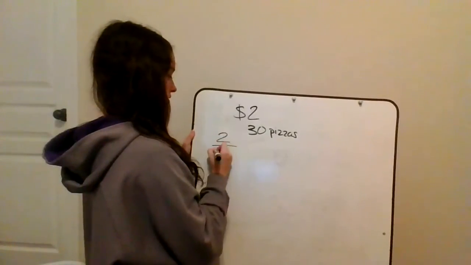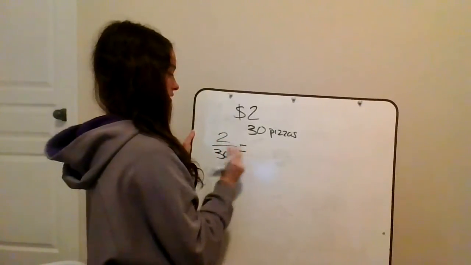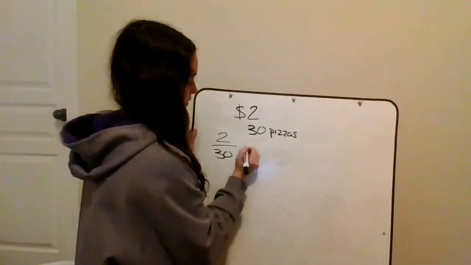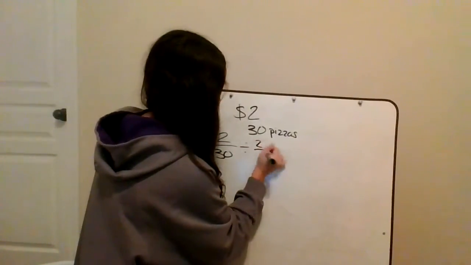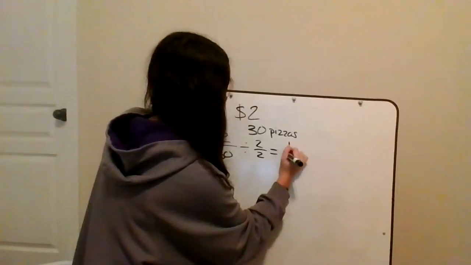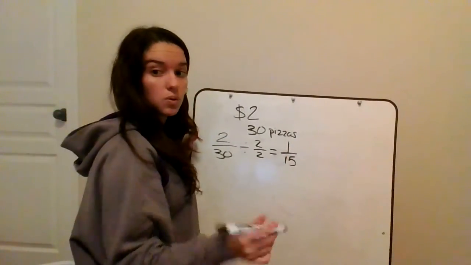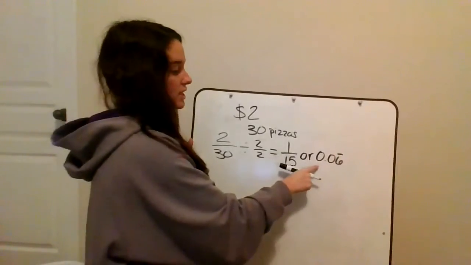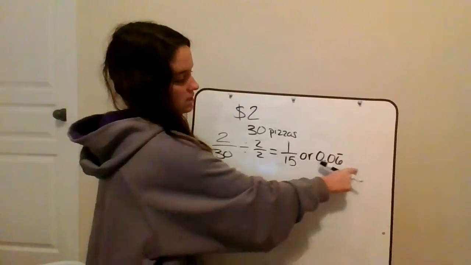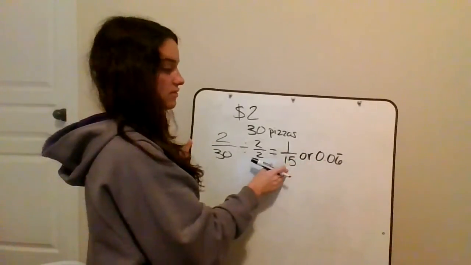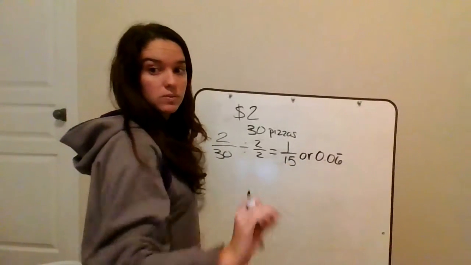So 2 over 30. We could always simplify this fraction if you don't have a calculator. Divide by 2. That's going to give us 1 over 15. Or we can type it into our calculator and get 0.066666667. So you can either write it as a fraction or as a decimal.